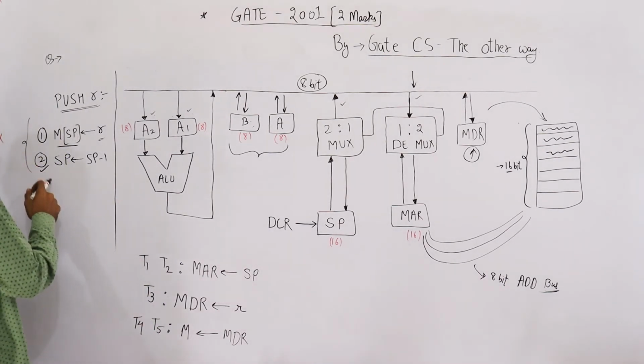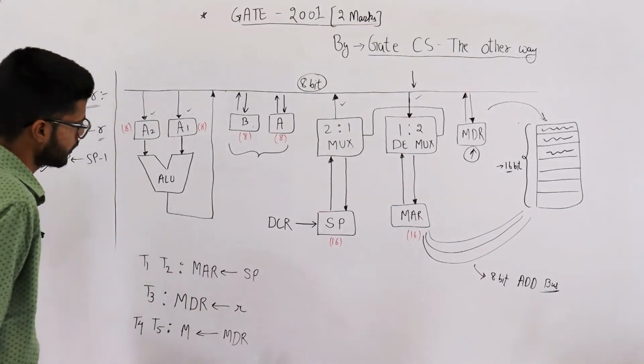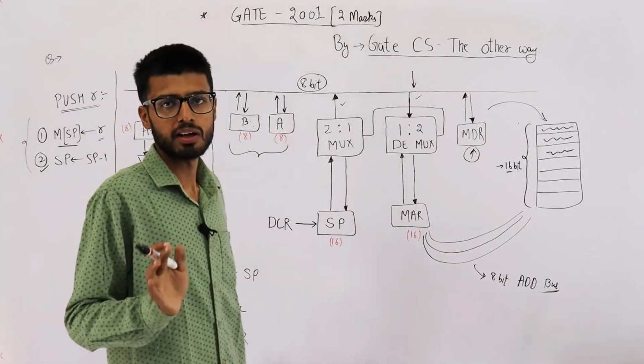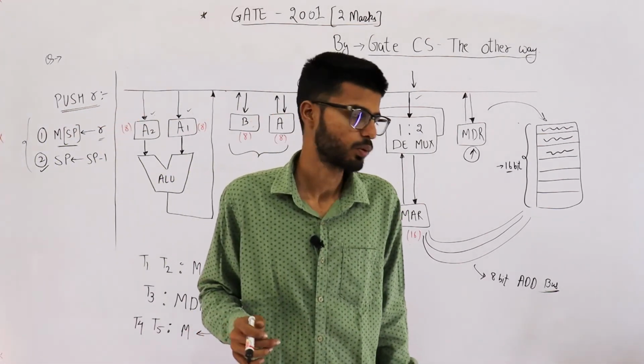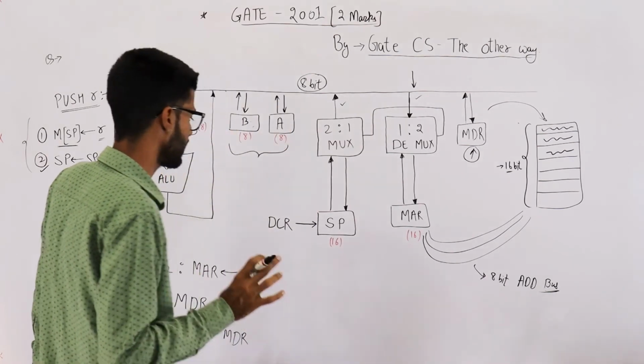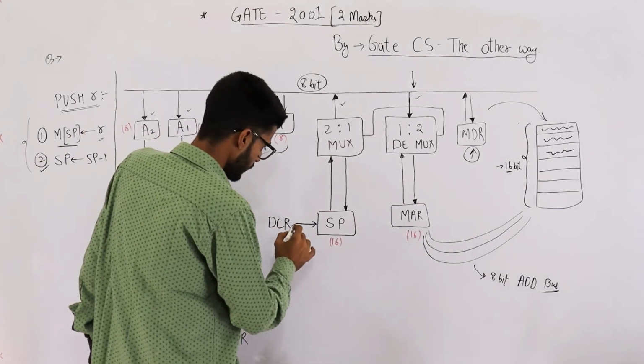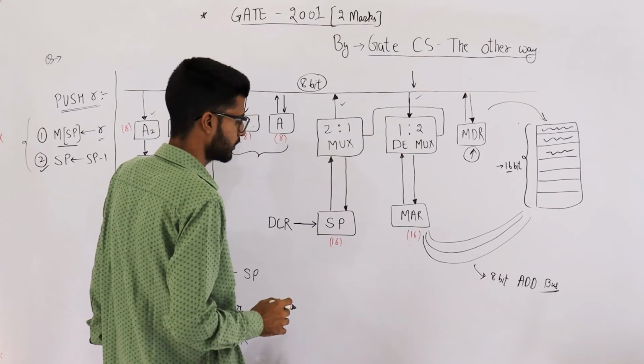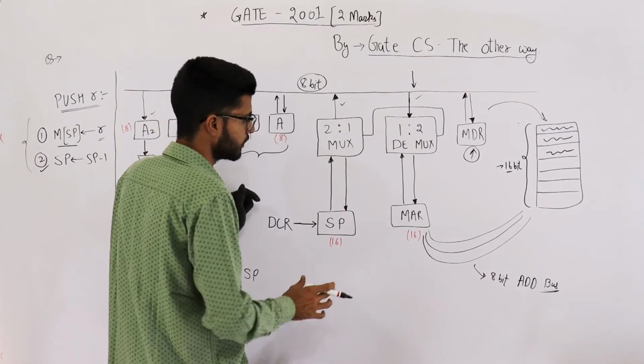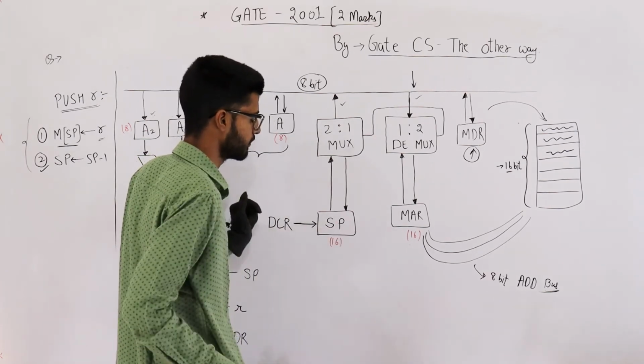The next step is decrementing stack pointer. Stack pointer can be decremented locally. This is what is mentioned in the question. Decremented locally means we have a control signal which when high will decrement its value by 1.